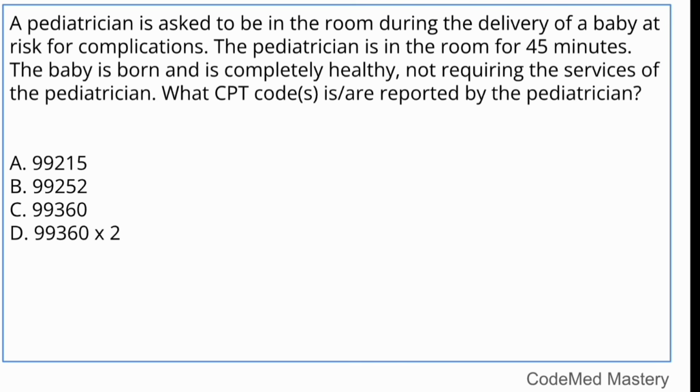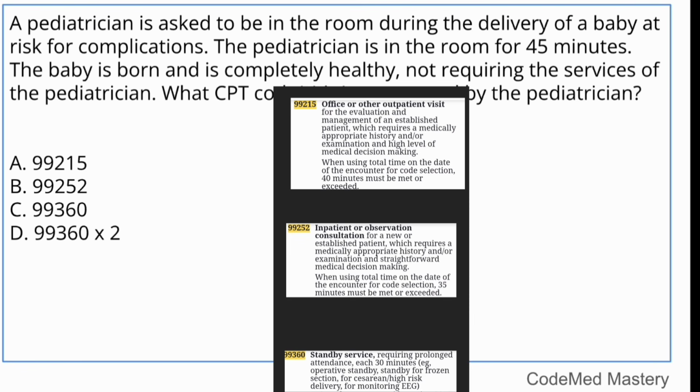We'll check the first code, that is from option A, 99215. The CPT code 99215 is for office or other outpatient visit for evaluation and management of an established patient which requires a medically appropriate history or examination and high level of MDM.